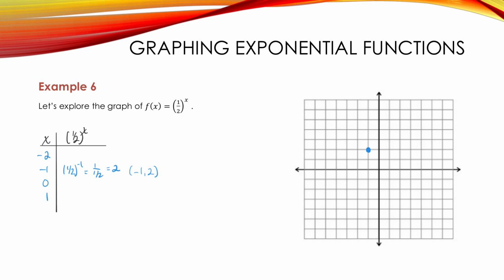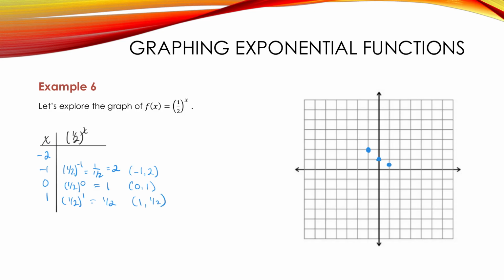We should get 1. Well, 1/2 to the 0 is 1. So we get 0, 1. It looks like it's doing what it's supposed to with the decreasing. Let's just make sure we plug in 1. I get 1/2 to the 1. A is 1/2, right? So this should be 1, comma, 1/2. Is it? Well, it absolutely is. 1, comma, 1/2.